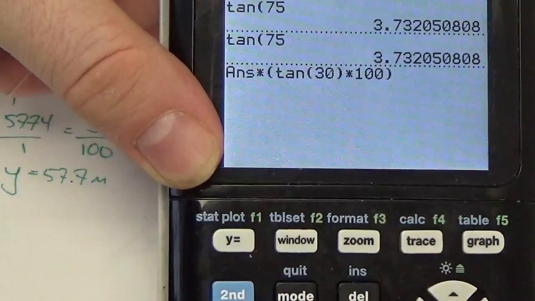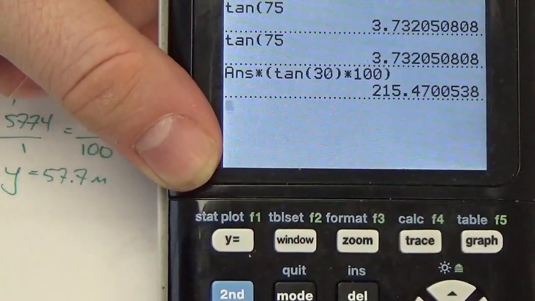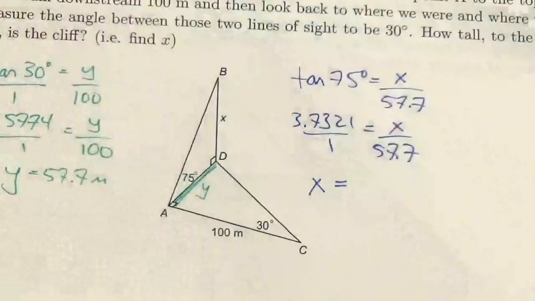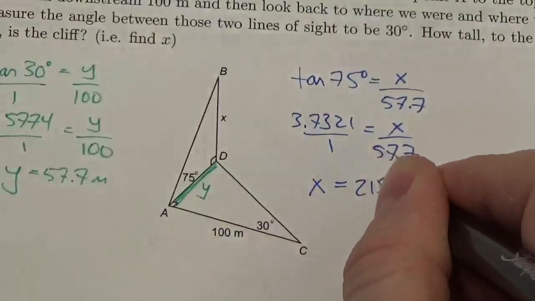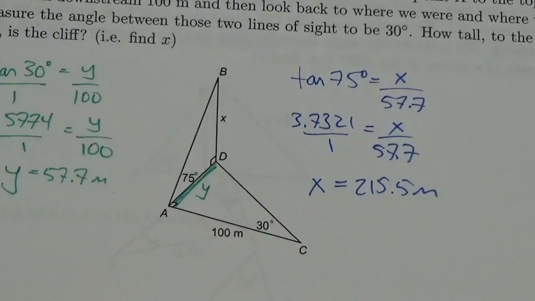I want that answer multiplied by this one right here. And now I get 215.5. And that's how tall that is right there. I didn't mean to press that enter button, and I got rid of the calculation that I did before.